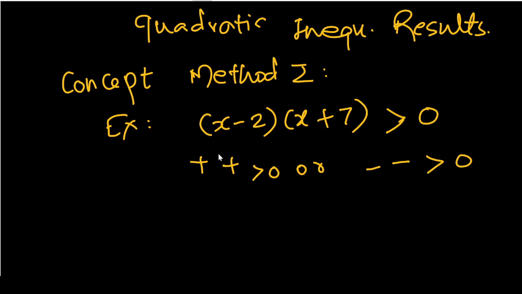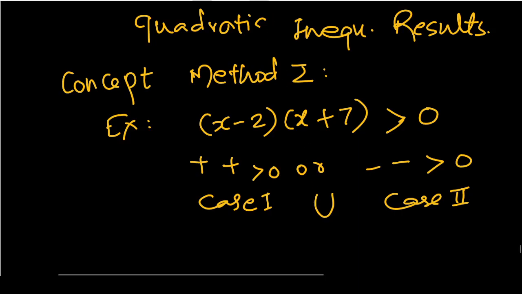This is what I call case 1. This I call case 2. As you can see here, or means union. So whatever result we obtain from case 1 and case 2, we will take the union of the two cases.